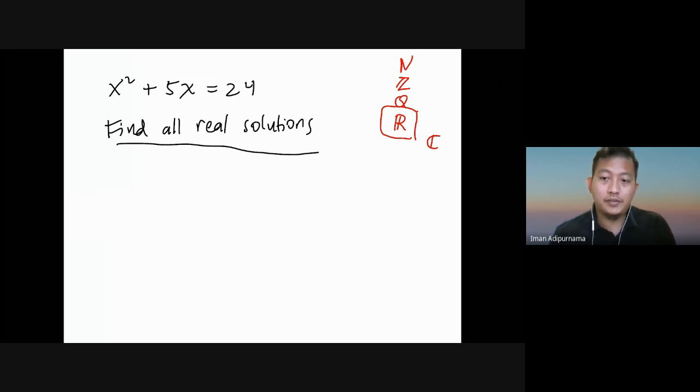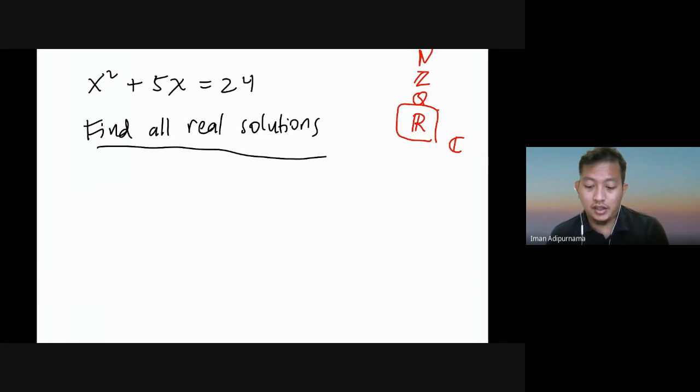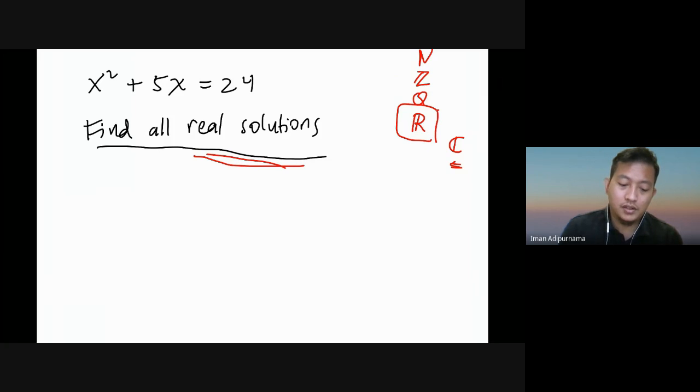Whenever you find a question asking for solutions, usually they will ask you to find the real solutions. Sometimes they will also ask for the complex ones, but mostly they ask how to find the real solutions from the equations.